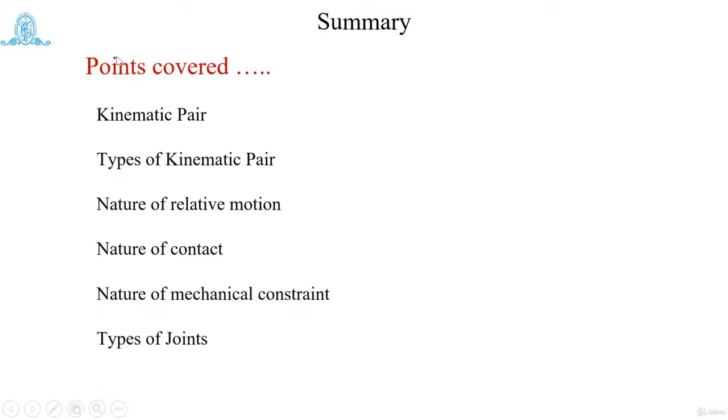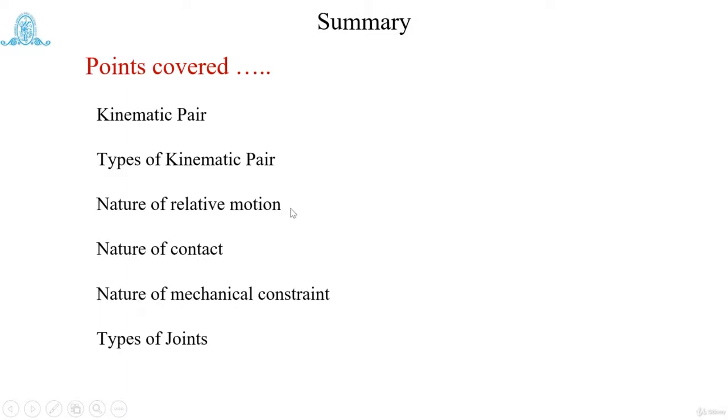As far as the points covered in this session, we have covered the kinematic pair. What do you mean by pair? A pair is nothing but two links connected together that have relative motion between them. Then the types of kinematic pair: how have we classified the kinematic pair? We have classified on the basis of nature of relative motion, nature of contact, and nature of mechanical constraint.